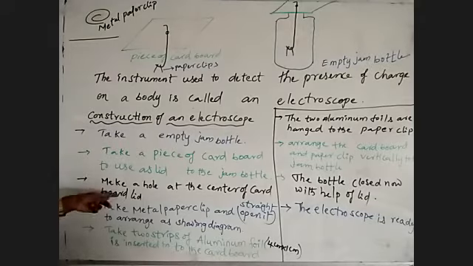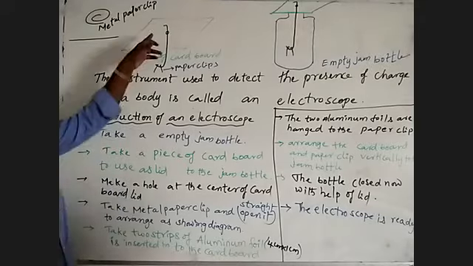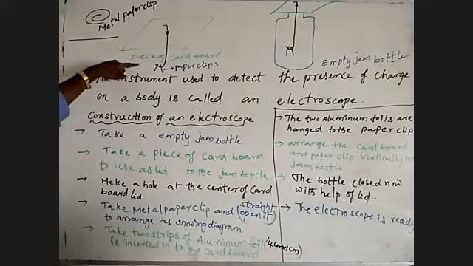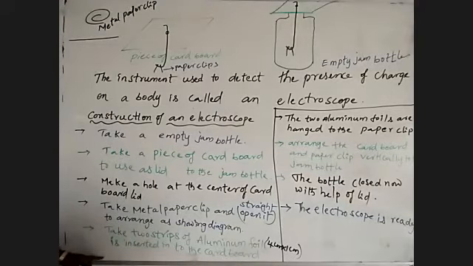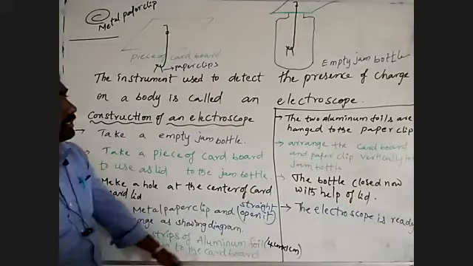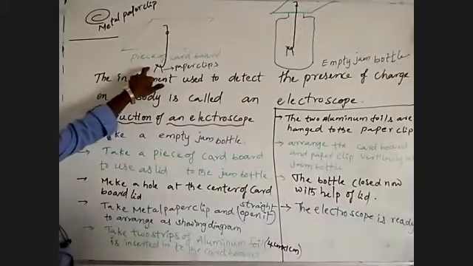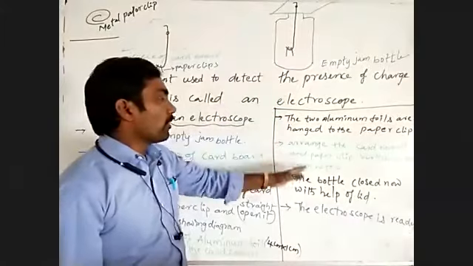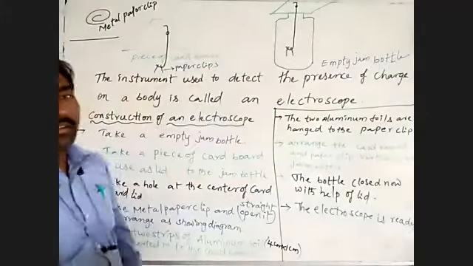Take a metal paper clip, straighten it and arrange as shown in the figure. Take two strips of aluminum foil, inserted to the cardboard. The two aluminum foils are hanged to the paper clip. Arrange the cardboard and paper clip vertical to the jam bottle. The bottle is closed now with the help of a lid.